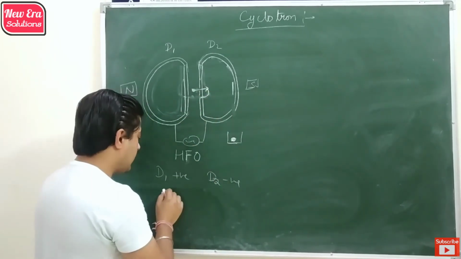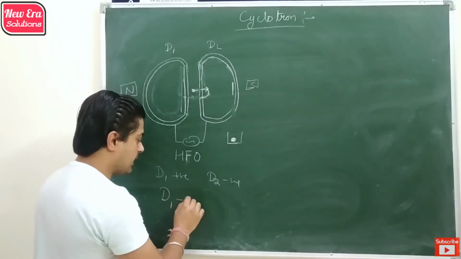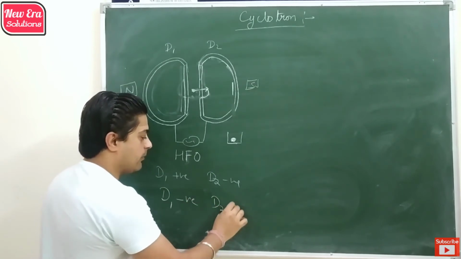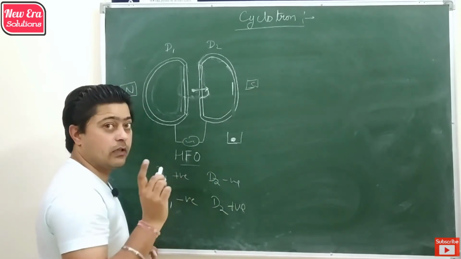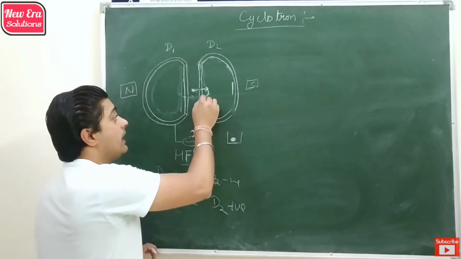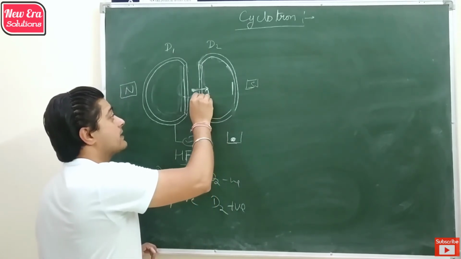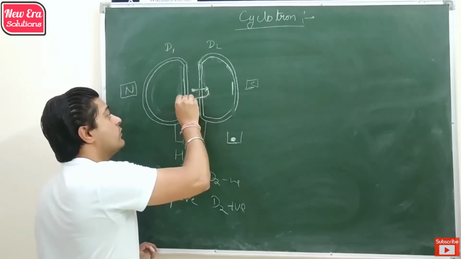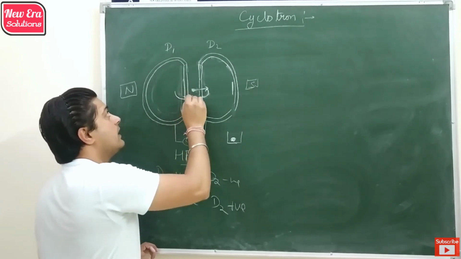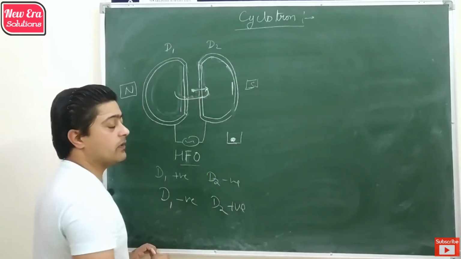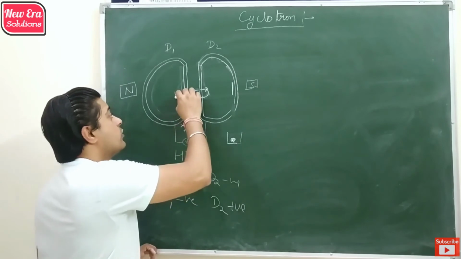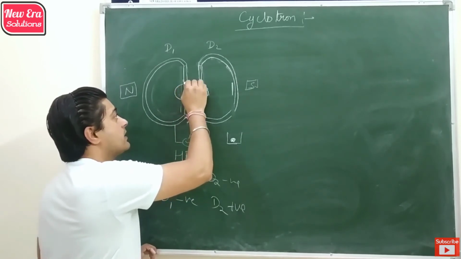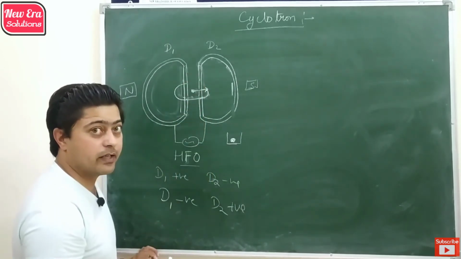In the meantime, D1 becomes negative and D2 becomes positive due to the frequency oscillator, and it again gets acceleration by the electric field, which increases its speed, and it enters the region D1. Then again in D1, due to the magnetic field, it rotates in a circular path of bigger radius.